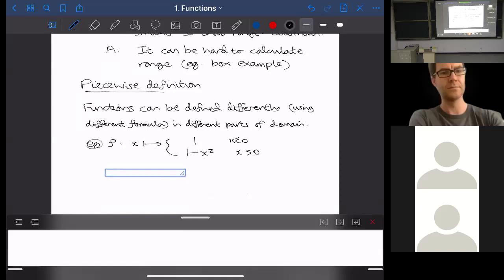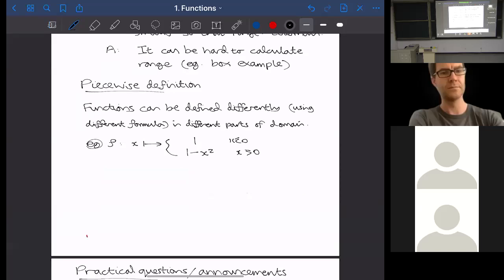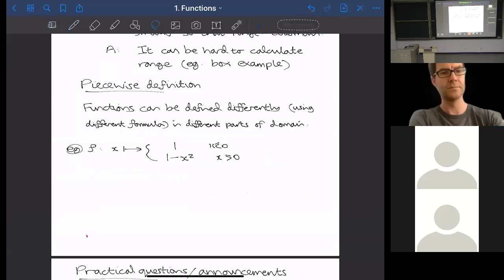So what does the graph look like? Well, for x 0 or negative, the value is 1.